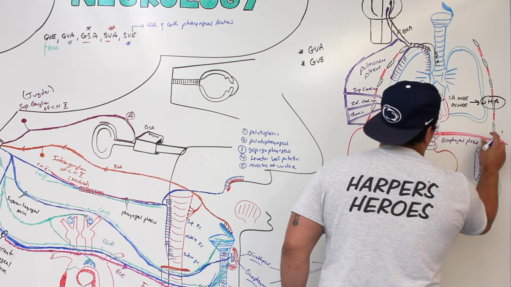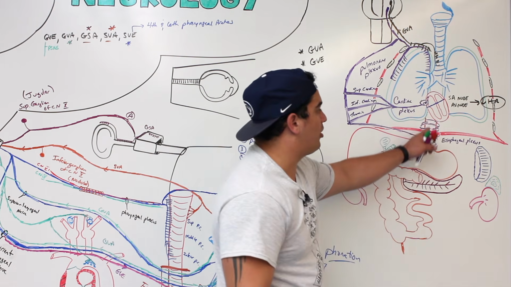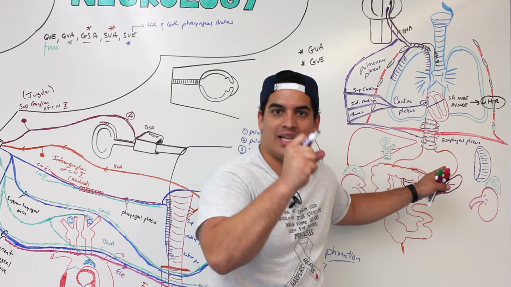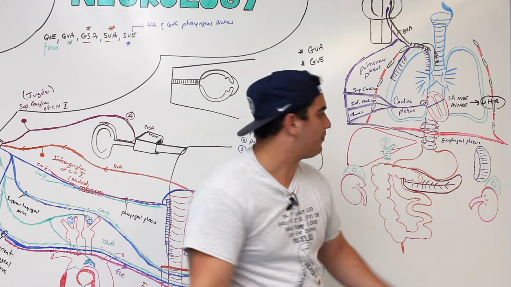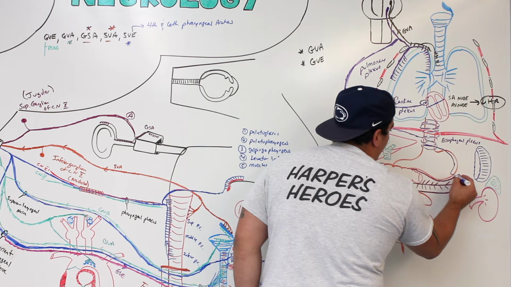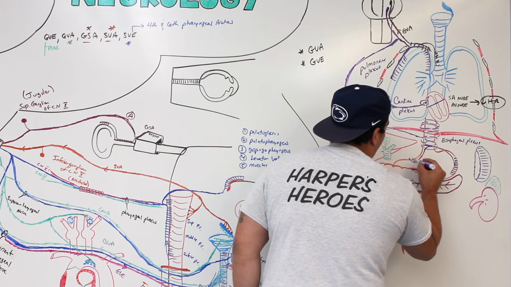What do you think the esophageal plexus is going to do? Whenever you're eating food, it's going to help to produce this peristaltic contraction, alternating waves of contraction and relaxation to push the food downwards into the stomach. Simple as that. Then, from the esophageal plexus, it gives off two branches, an anterior branch and a posterior branch.